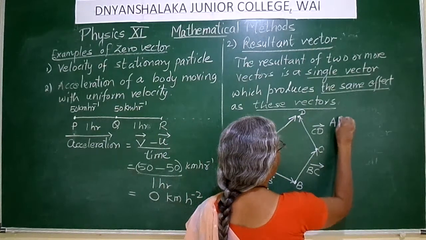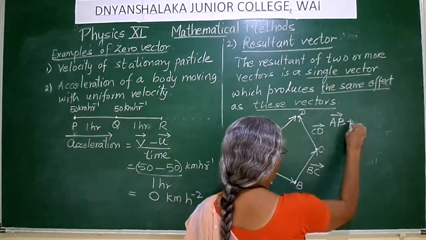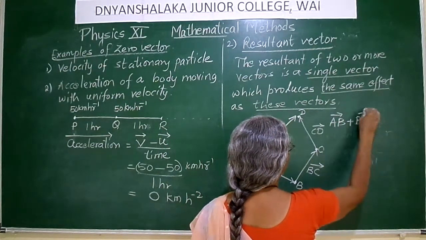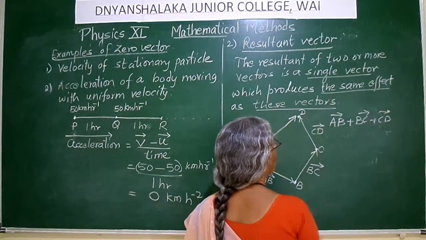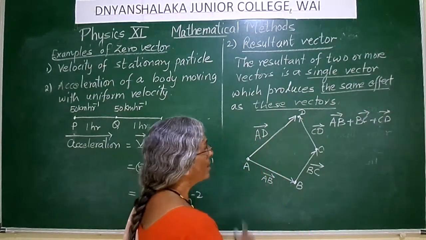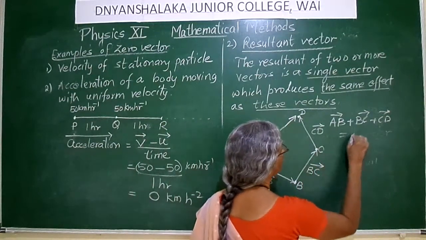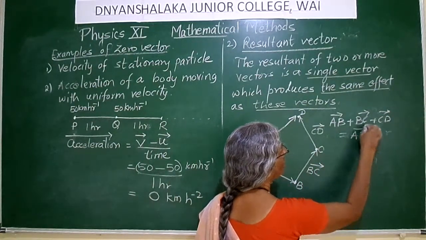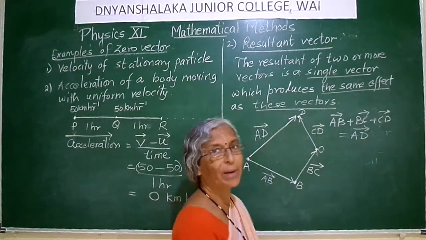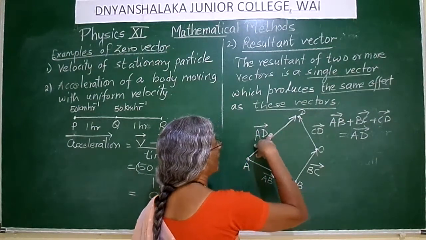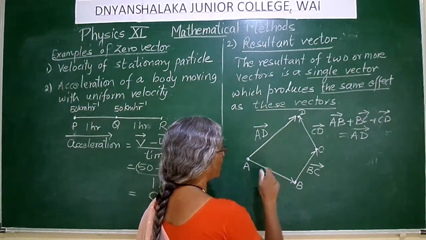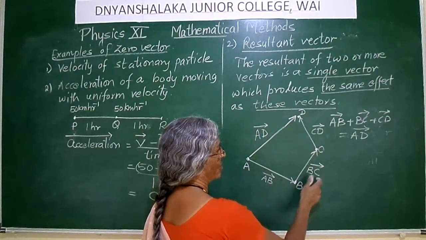Because if I add vector AB and then vector BC and then vector CD in their magnitudes, what am I getting? I am getting the resultant vector which is equal to vector AD. Am I getting it or not? Okay, so this vector AD becomes the resultant of these 3 vectors.